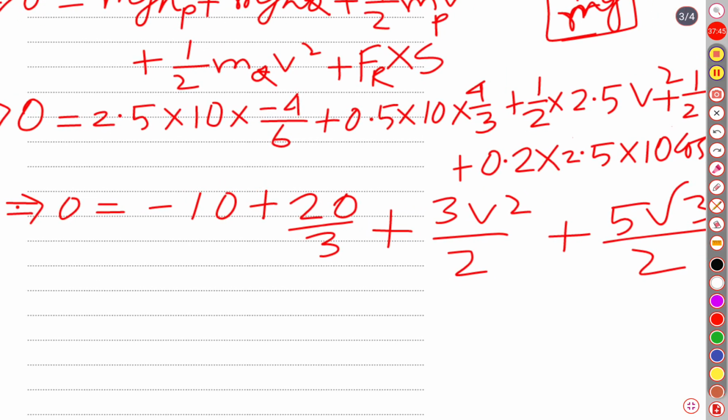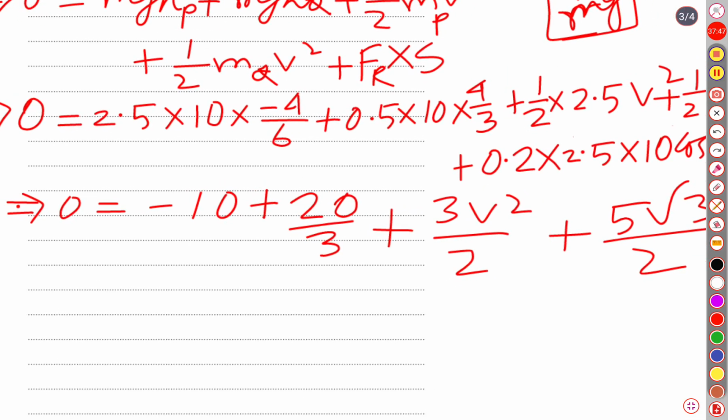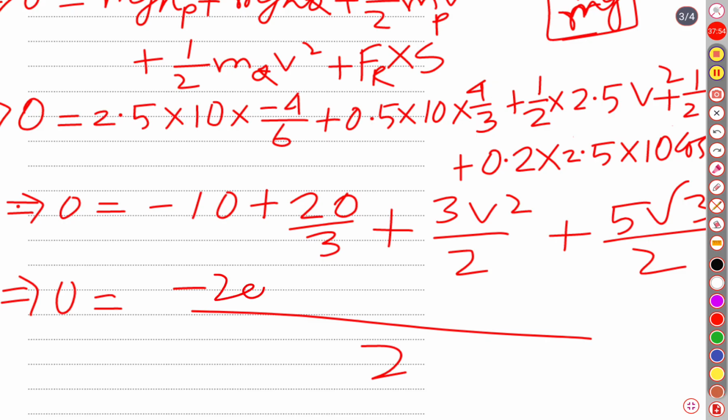Now let us simplify this. 0 is equal to negative 20 plus, oh sorry, it is going to be 6. It's a great mistake. LCM is going to be 6.